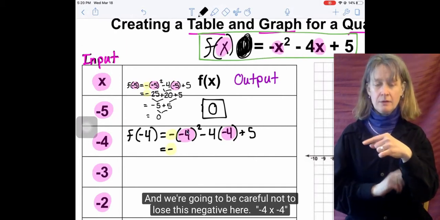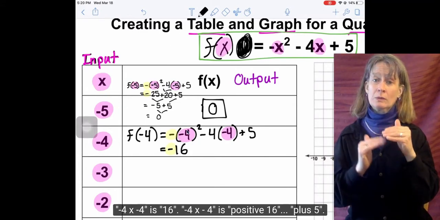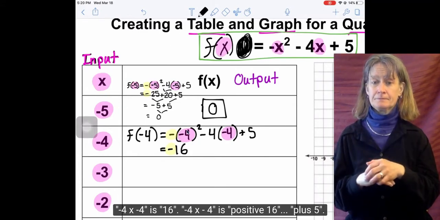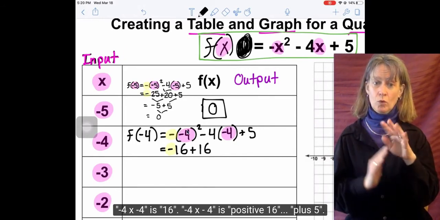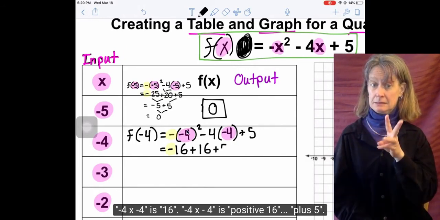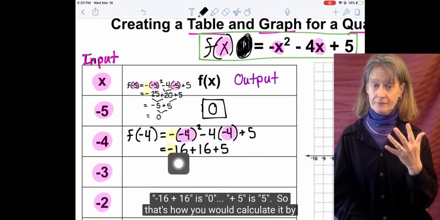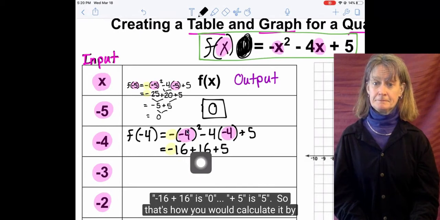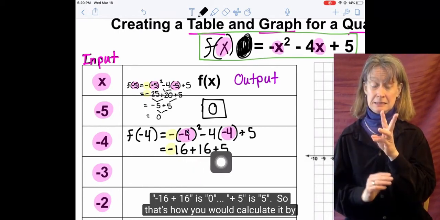Negative 4 times negative 4 is positive 16 plus 5. Negative 16 plus 16 is 0 plus 5 is 5.